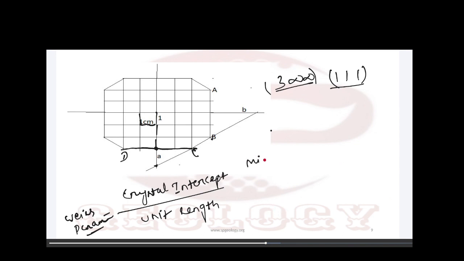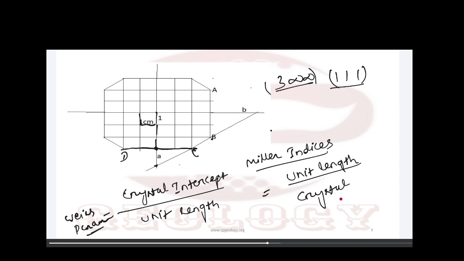And Miller indices is your unit length by crystal intercept. It is the reciprocal of the Bayes parameter, or Miller indices is the reciprocal of intercept. Directly you can say the reciprocal of intercept.